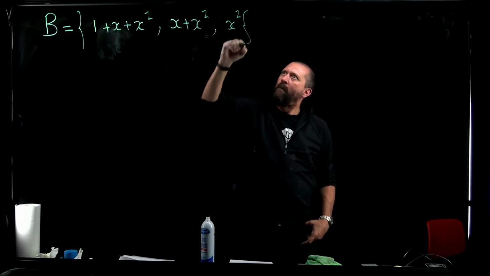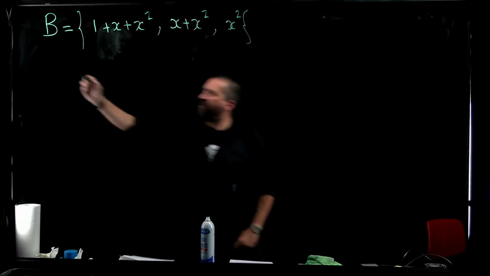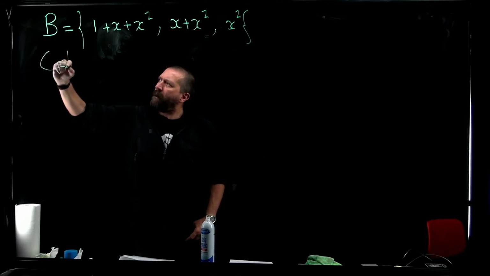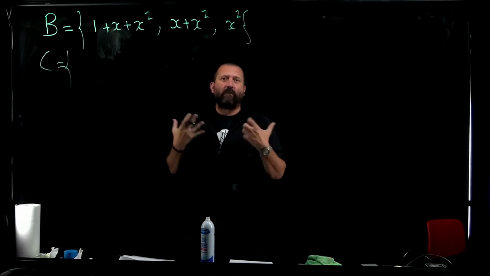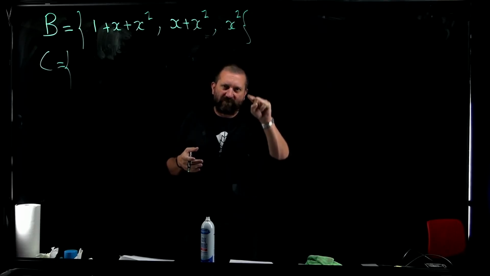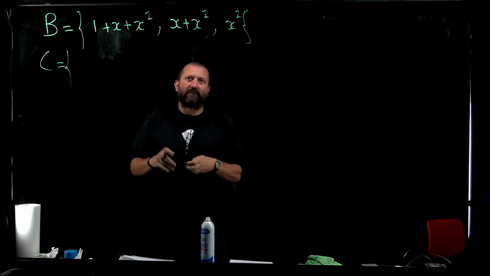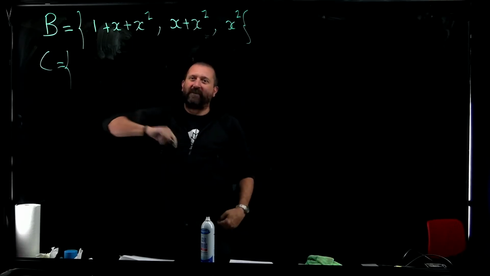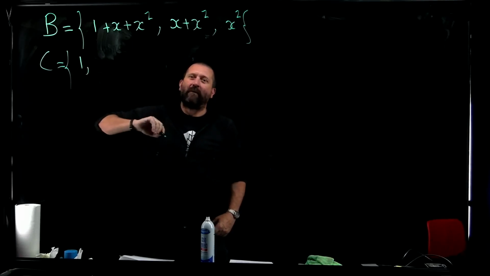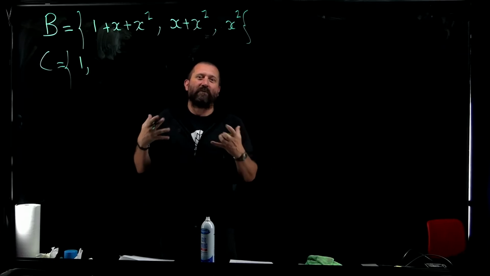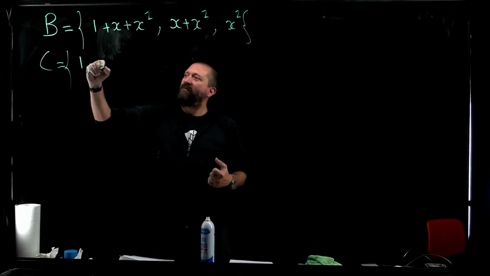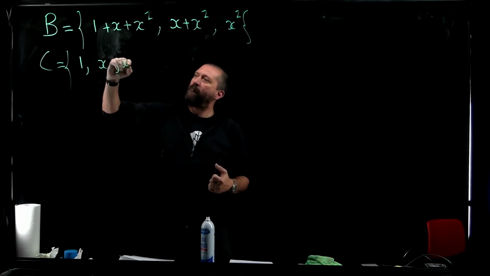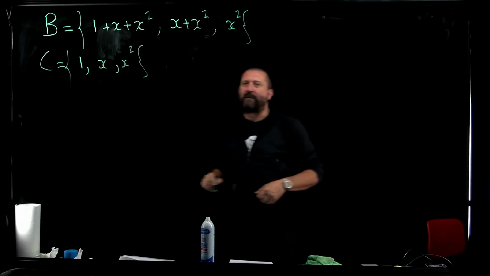And I'm going to take a second basis, C, and that is what is actually called the canonical basis, the same way as for vectors 1, 0, 0, etc. make the canonical basis of Rn. This is the canonical basis of the space of polynomials of degree 2. So 1, x, x squared.